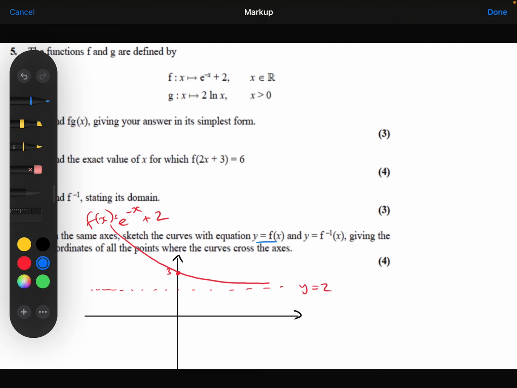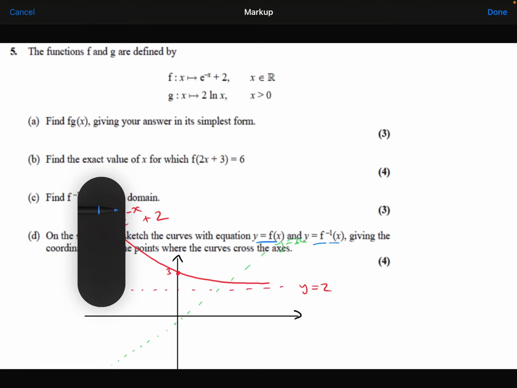Now I need to draw the graph of f inverse of x. Well, I know that's going to be a reflection in the line y equals x. The inverse is always a reflection in the line y equals x.